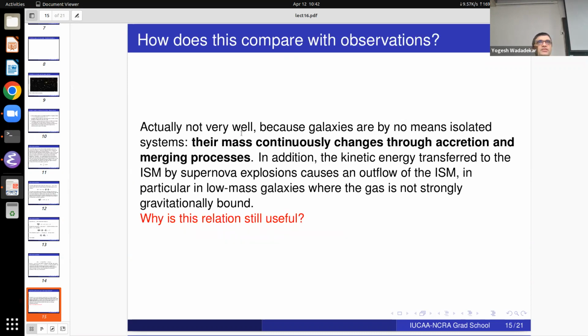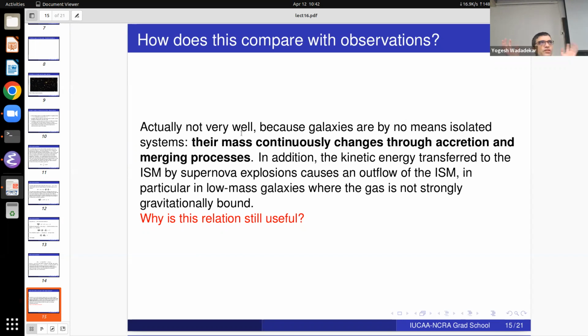So one can ask the question, how does this simple closed box evolution model compare with observations? It turns out not very well, because we already saw that one of the assumptions was very broken, where mass continuously changes through accretion and merging processes. In addition, the kinetic energy transferred to the ISM by supernova explosions causes an outflow of the ISM, particularly in low mass galaxies, where the gas is not strongly gravitationally bound, correct?